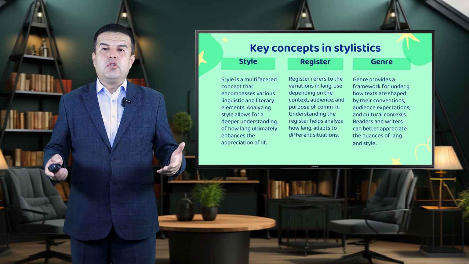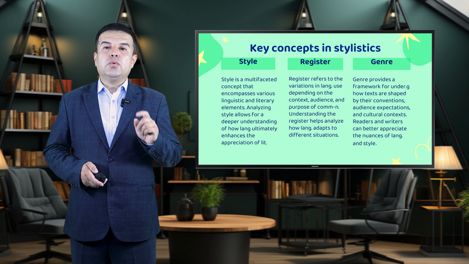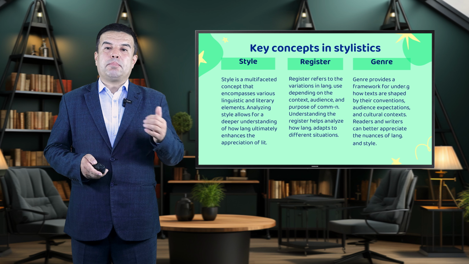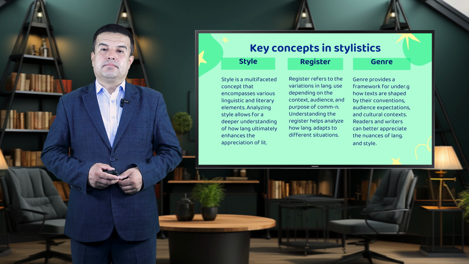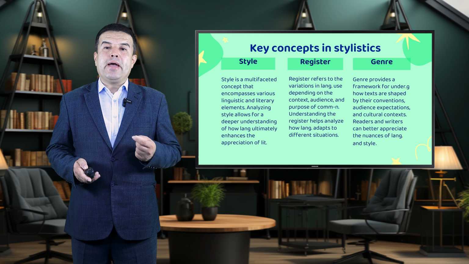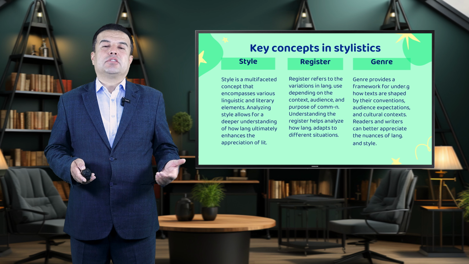Third, genre. Genre provides a framework for understanding how texts are shaped by convention, audience expectation, or cultural context. Readers and writers can better appreciate the nuances of language and style.